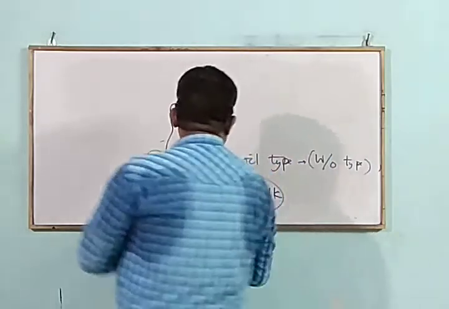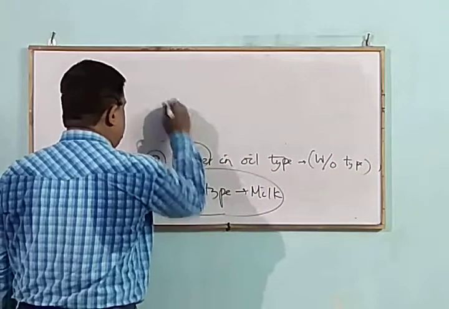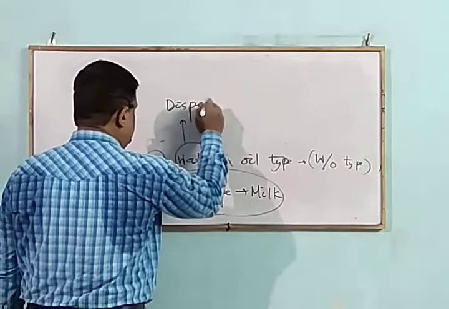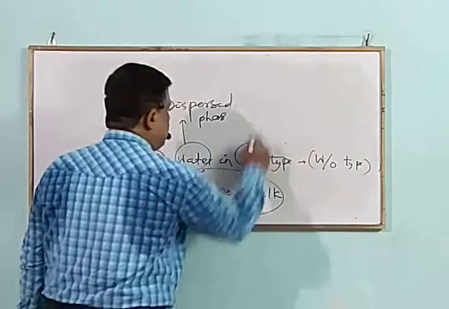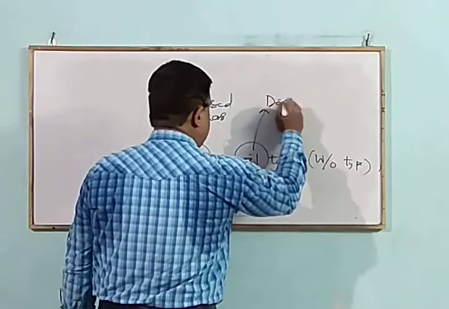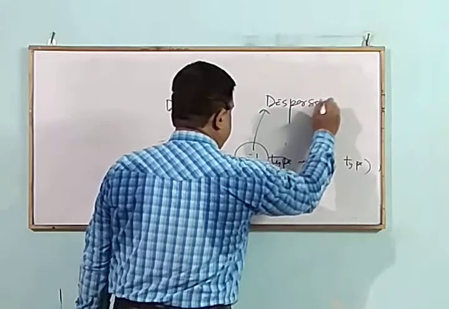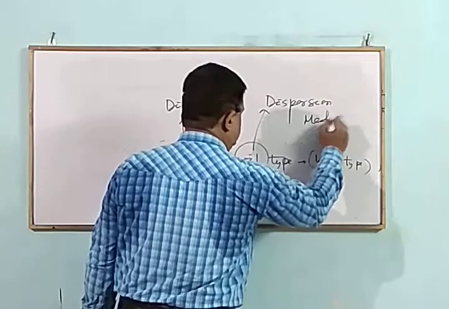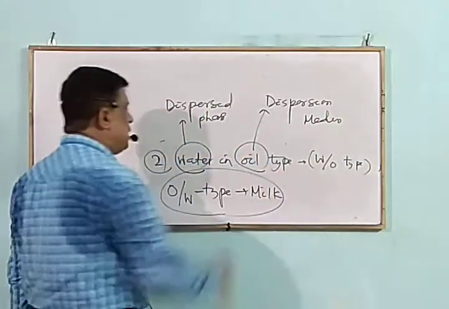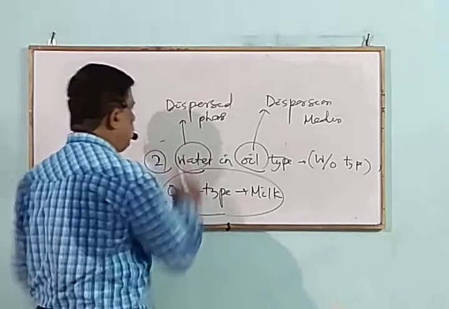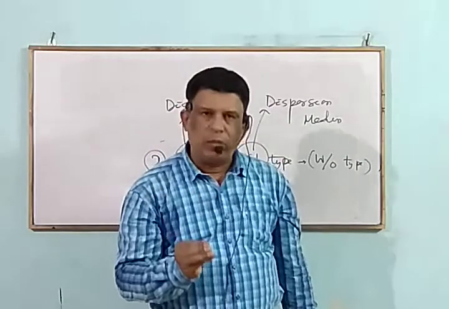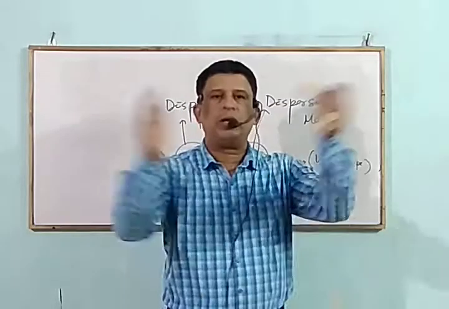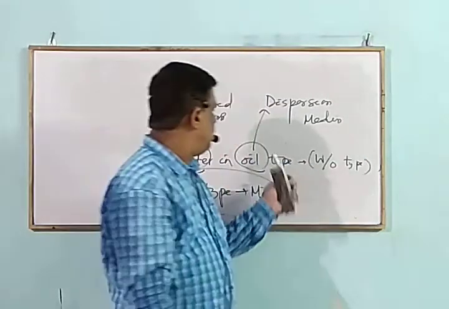In water in oil type, water is known as the dispersed phase, while oil is known as the dispersion medium. The continuous phase is the oil and water is the dispersed phase. That means a small amount of water floats over the system containing oil.